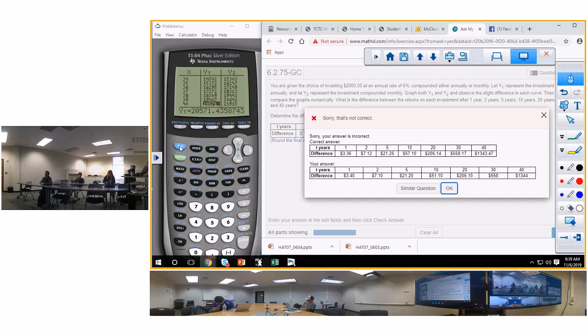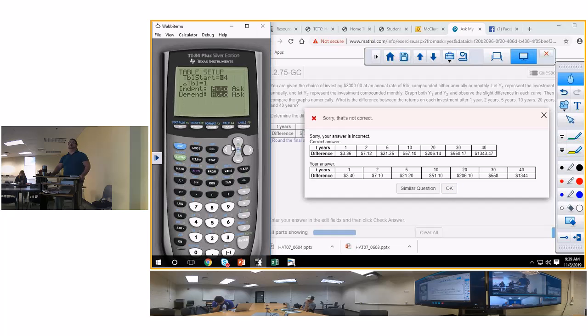I'm sorry, Table Set, and change this to 0.1 or 0.01 to the hundredths, and hit Enter. I don't know why it didn't like that. Oh, 0.01, and hit Enter, and now go to the table, and now you're gonna have.